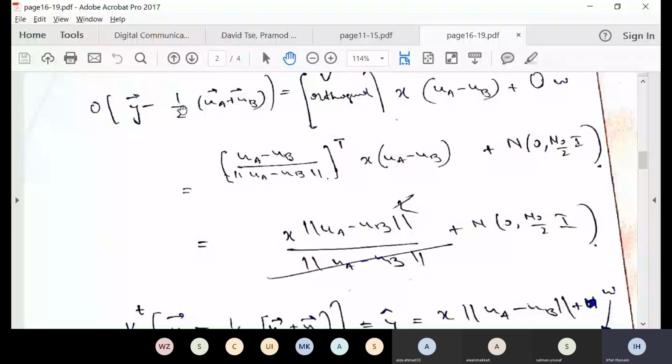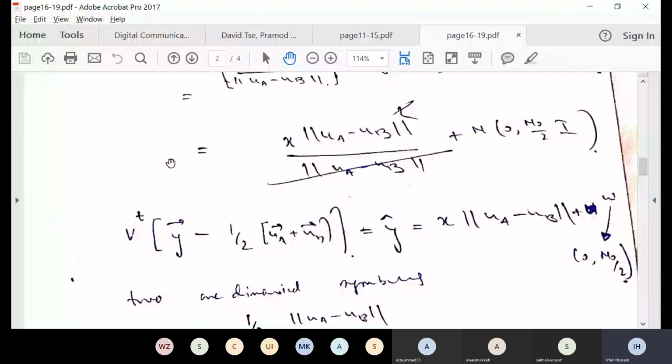This will be a scalar. So you can see that our received statistic will again be X into UA minus UB plus W. Now we have done a huge transformation. Remember, UA is a vector, UB is a vector, but the norm of UA minus UB is a scalar. I've converted a full-fledged matrix, a vector detection problem, into a simple scalar problem.